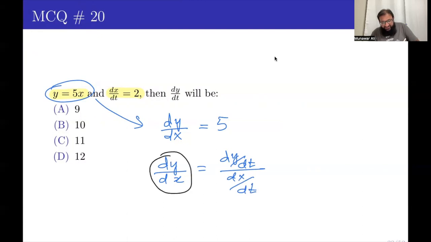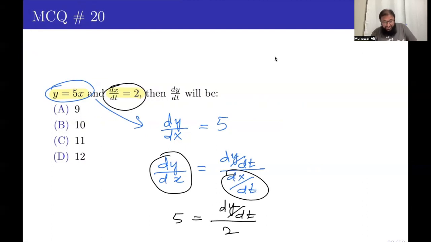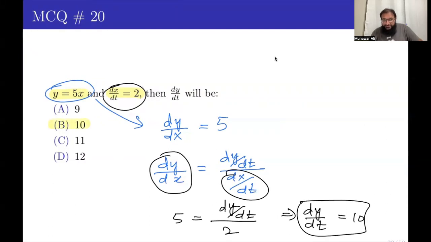I have the value of dy by dx, which is 5, which I found. I have the value of dx by dt, which is given to be 2. I need the value of dy by dt. I'll just take 2 to the other side, which will give me the value of dy by dt to be 10. So the correct option is B.